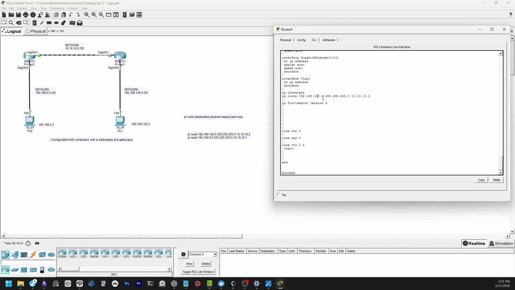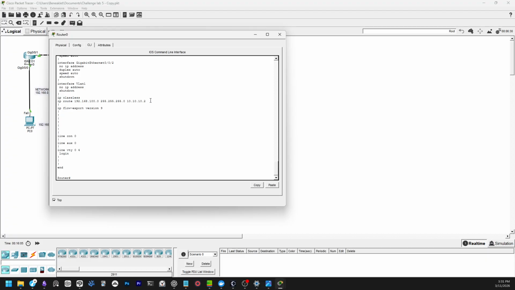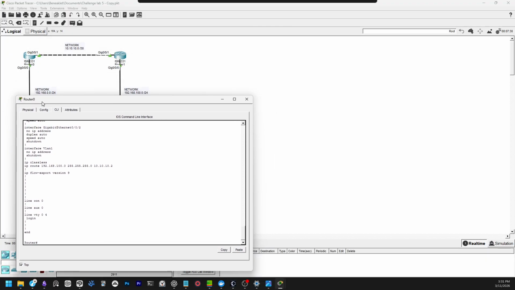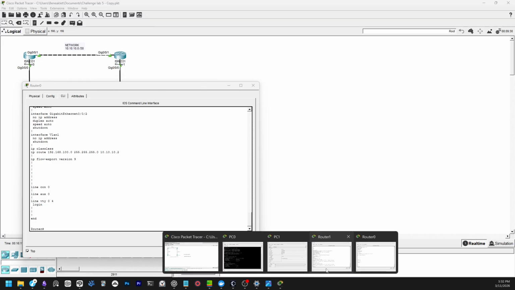It means any address within this, starting from 0 to 255, or any of the usable ones, 1 to 254, is going to be sent to router 1. That's basically the whole concept of IP route and routing in general. And this is only static routing. Dynamic is something different, but we're focused on static.